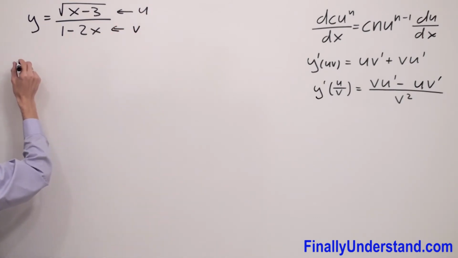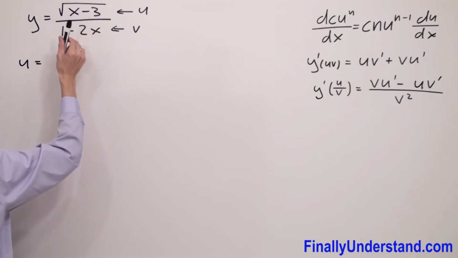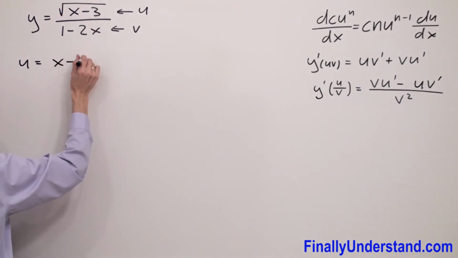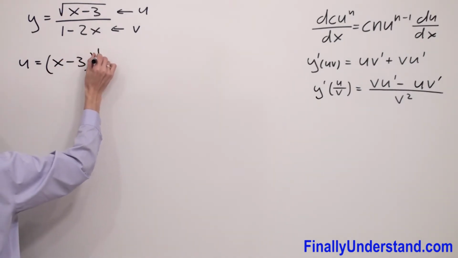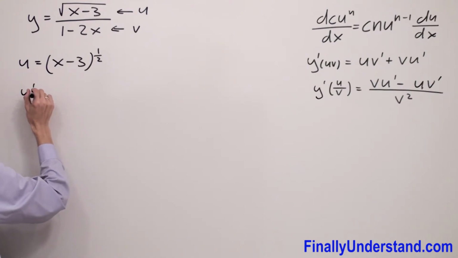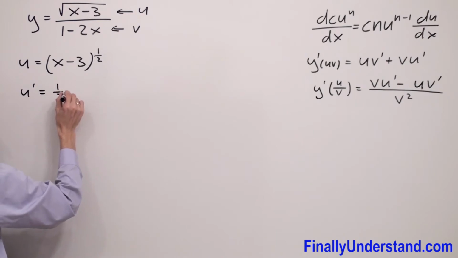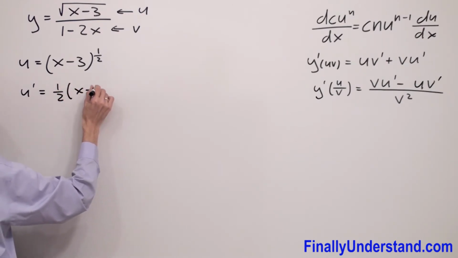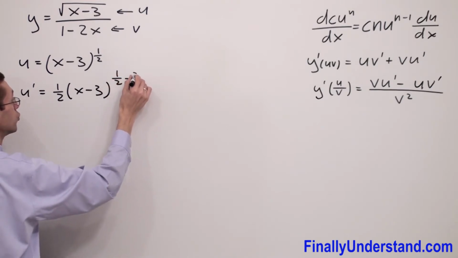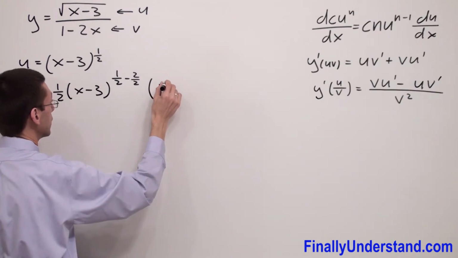So I copy down u, but instead of square root, I'm going to use exponents. So I have x minus 3 to the power 1/2. This is my u. My derivative of u is 1/2 times x minus 3 to the power 1/2 minus 2 over 2 times 1.